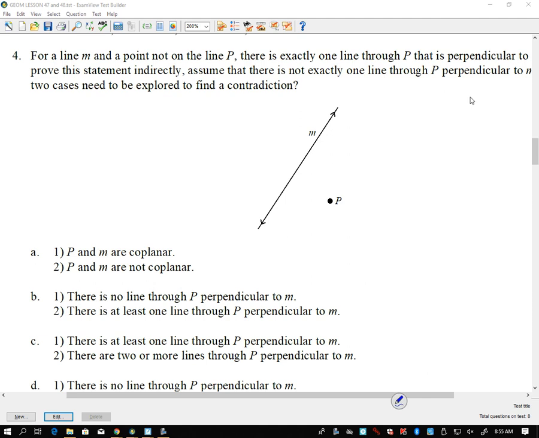So there are two cases that would be contradictory. The statement is that there's exactly one line, so I have to look for two cases. So what are the two scenarios that are contradictory to one line?